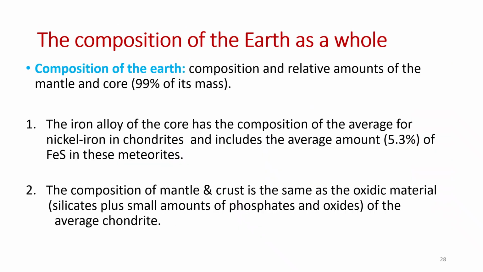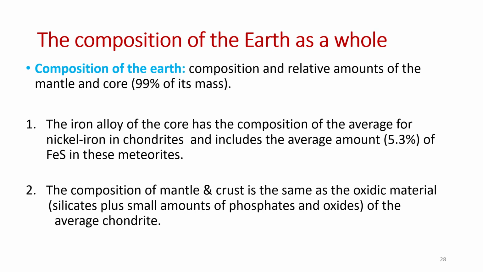Coming to the composition of the earth as a whole, the bulk composition of the earth is essentially determined by the composition and relative amounts of the mantle and the core, because they make up over 99% of its mass. By using the deductions regarding the earth's interior discussed, an average composition of the earth as a whole can be calculated.